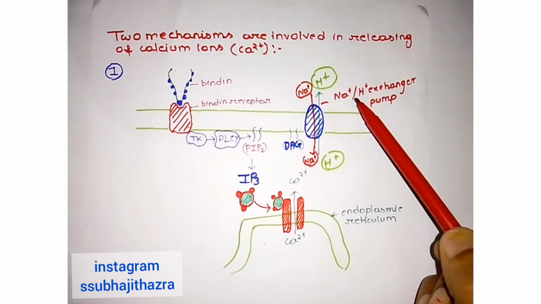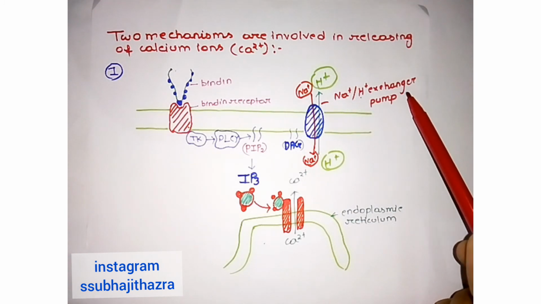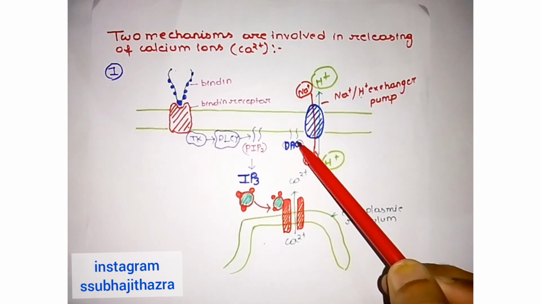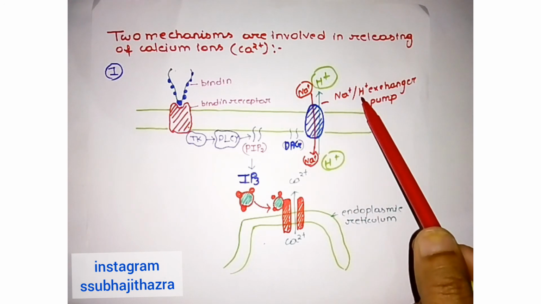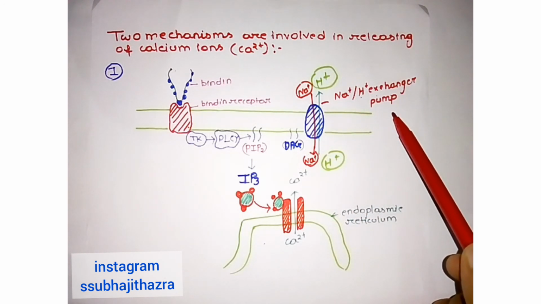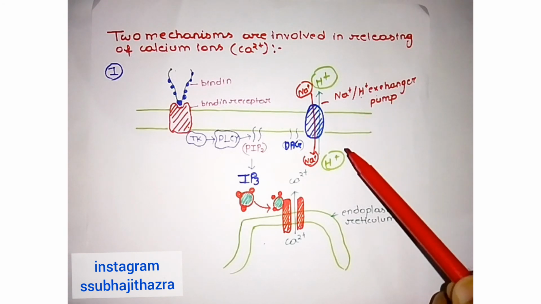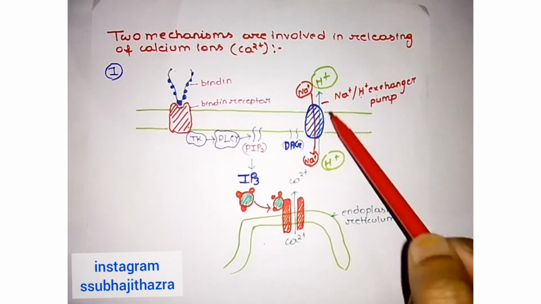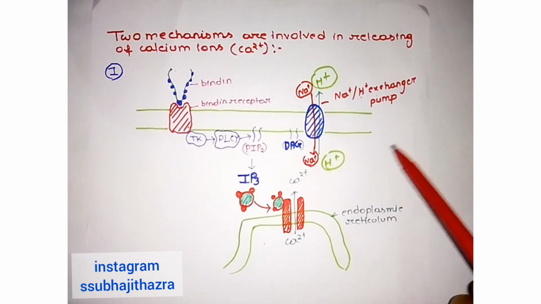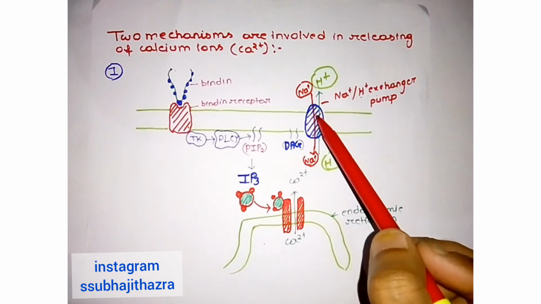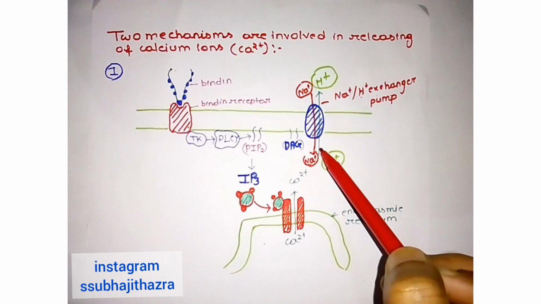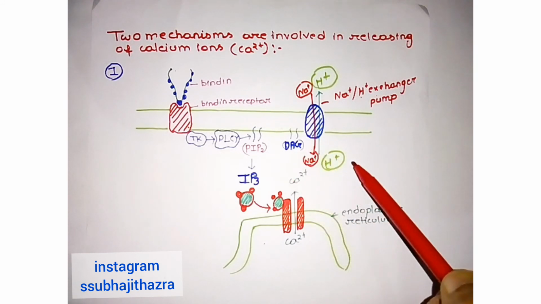So this is the role of the Na plus H plus exchanger pump. So DAG activates the Na plus H plus exchanger pump. The Na plus H plus pump pumps out H plus from the egg cytoplasm, and Na plus enters through this pump into the egg cytoplasm.